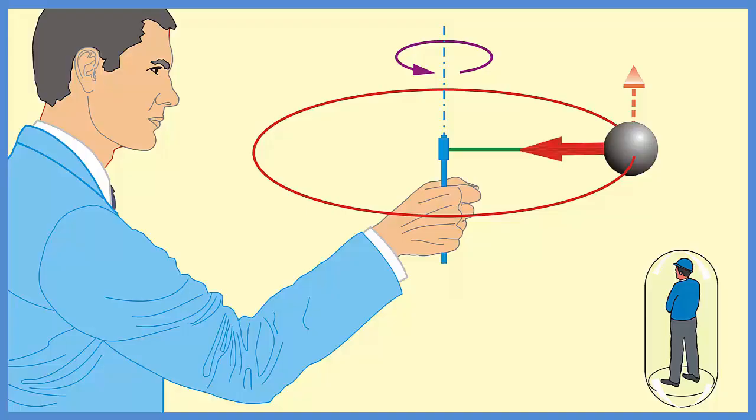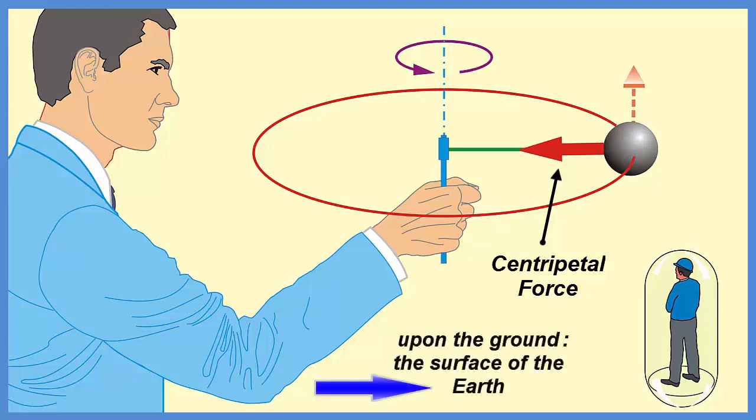Since the curved path is contrary to its natural tendency, a force must act upon the ball, to incurve its path, the centripetal force. This is an accelerated motion, even with a constant speed, because the direction of the velocity vector is changing. And finally, the process is part of the third law of motion, since the experimenter is acting upon the ground, the surface of the earth, applying an equal and opposite force.